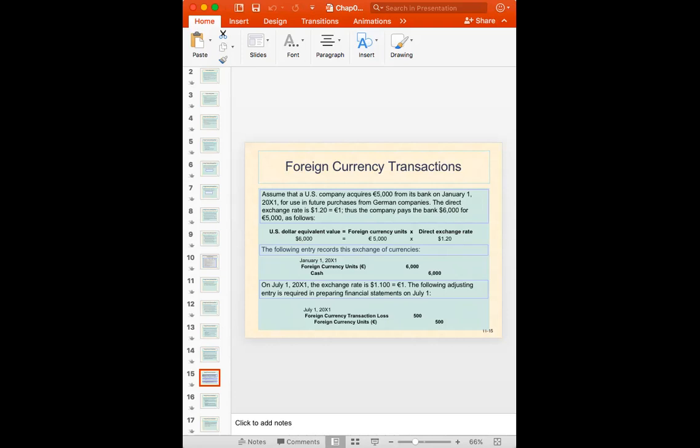The book started at 1.20, and then on July 1st it becomes 1.10. So the value is changing.